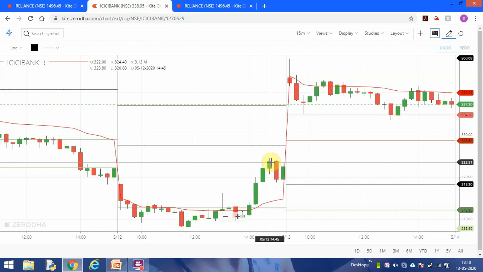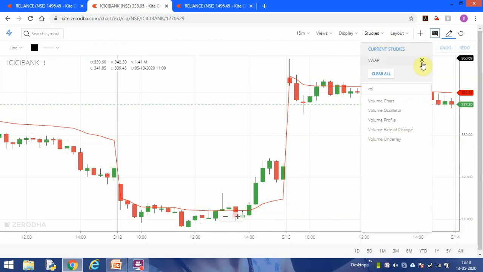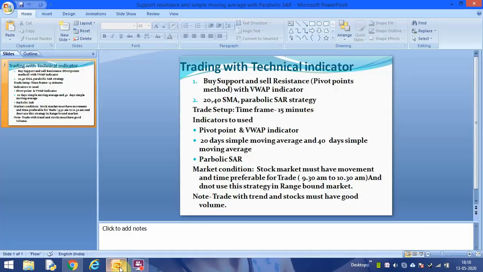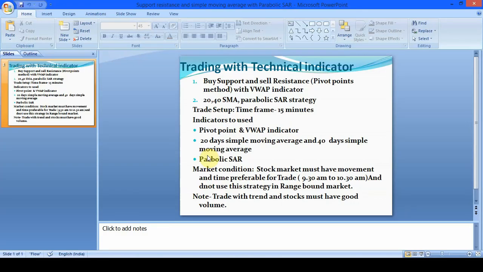So I have shown you this strategy on 2 shares. You can try another share. The next strategy I am going to show you is parabolic SAR with simple SMA.